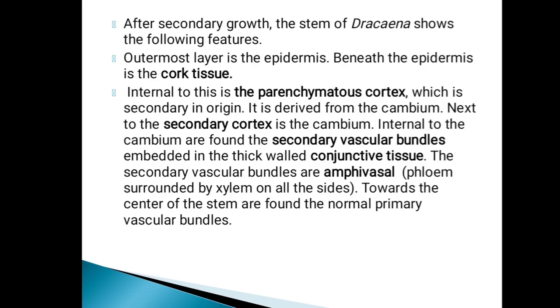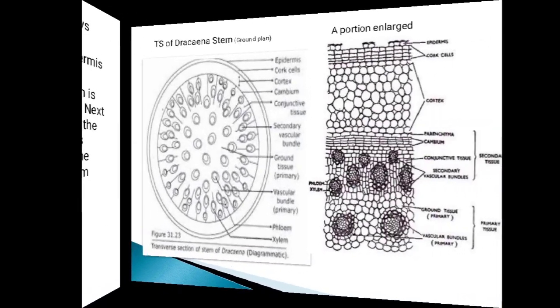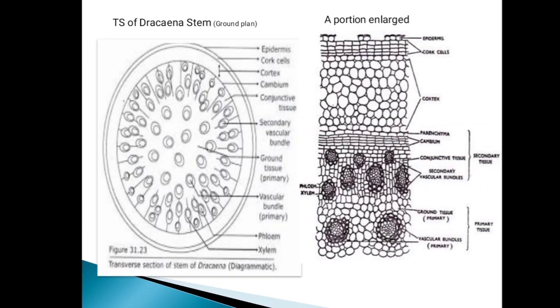Whatever I have explained just now can be seen in the image of the TS of Dracaena stem ground plan, wherein many vascular bundles are present, scattered, whereas only beyond the last vascular bundle layer you can see the development of the meristematic zone, or meristem, or cambium. With that cambium, you can make out the ring-like development of the secondary tissues.